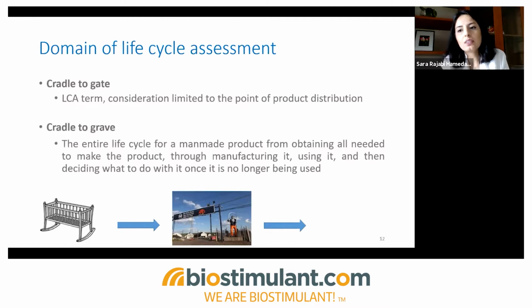Life cycle means going from the birth of the product to its death. This kind of view is often called a cradle to grave, where the cradle represents the birthplace of the product, and the grave represents what happens to it when we are done with it, often to be thrown into a landfill.